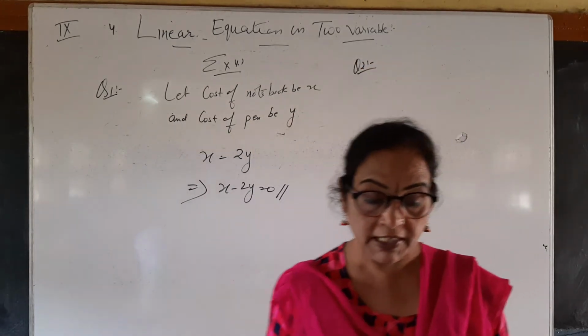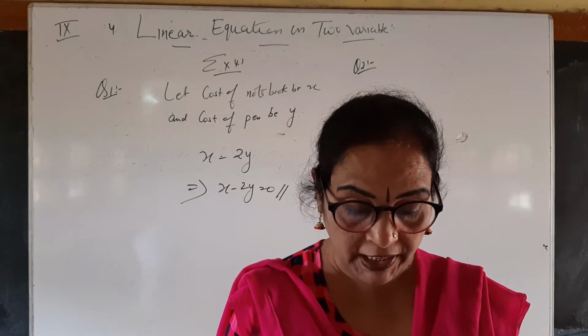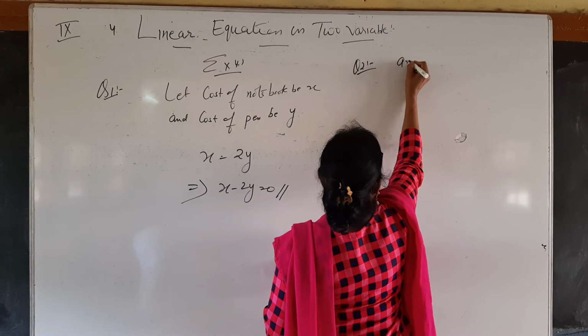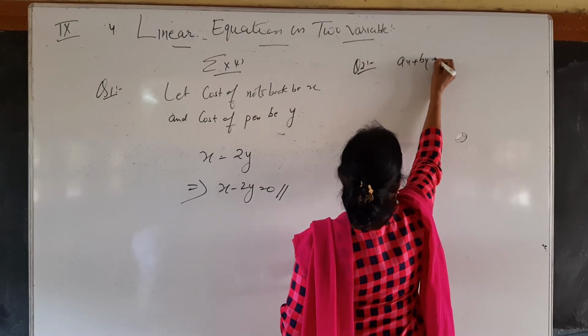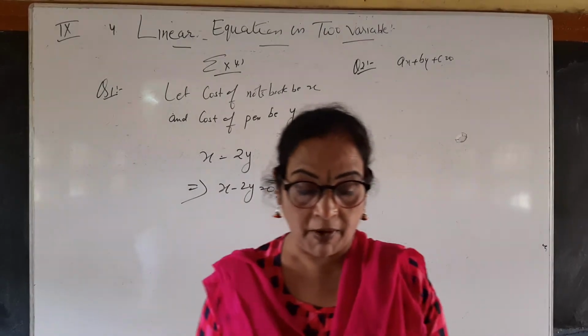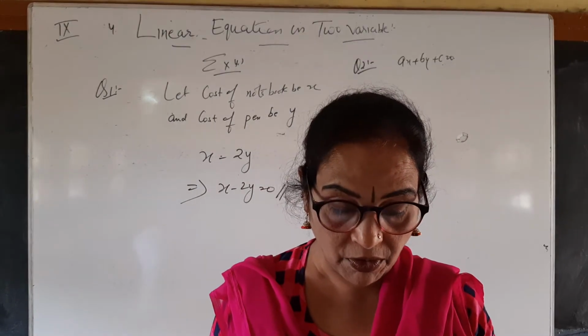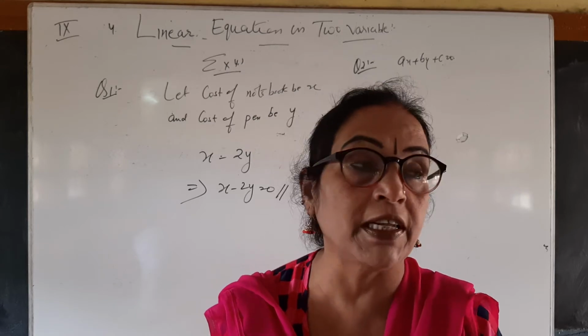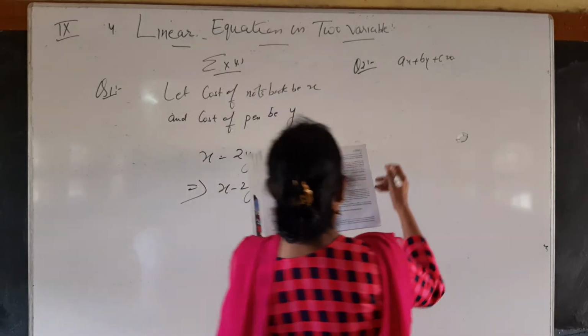See question number 2, what is given? Express the following linear equations in the form of ax plus by plus c equal to 0 and indicate the values of a, b, c. We have to find the values of a, b, c. See the first part.